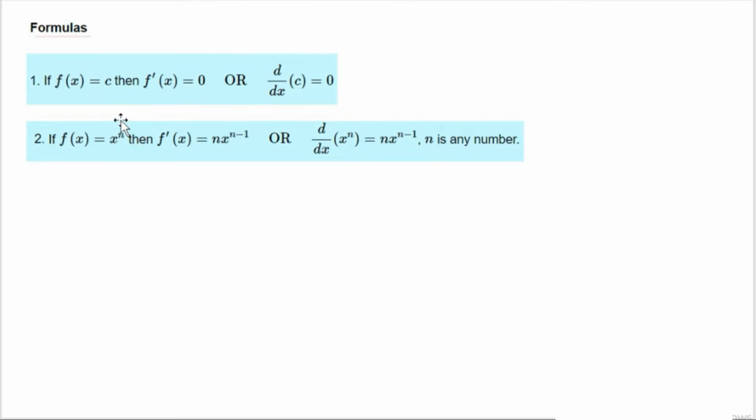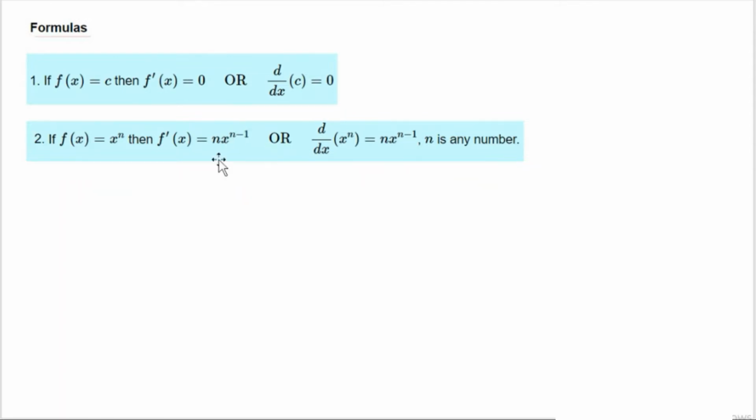So formula number one, if f of x equals c, then f prime of x is equal to 0. In other words, the derivative of a constant is equal to 0. And formula number two, if f of x equals x raised to n, then the derivative of f of x, which can be written as f prime of x, is equal to n times x to the power of n minus 1.